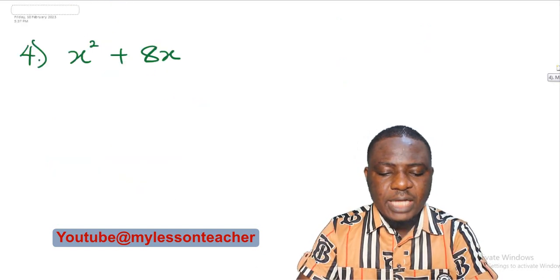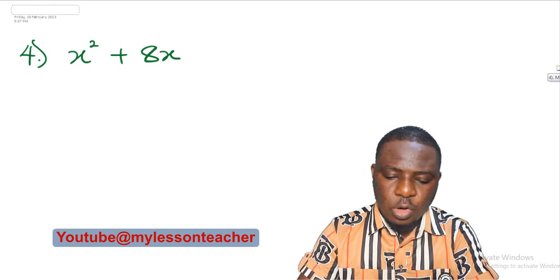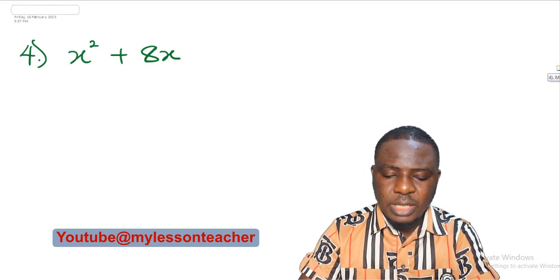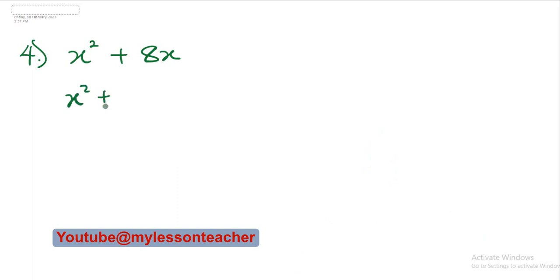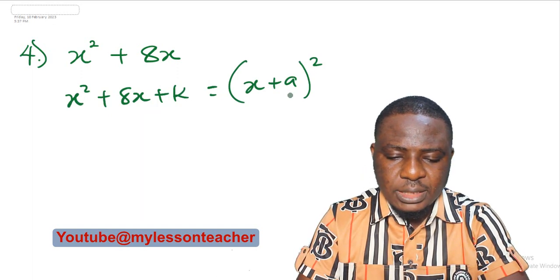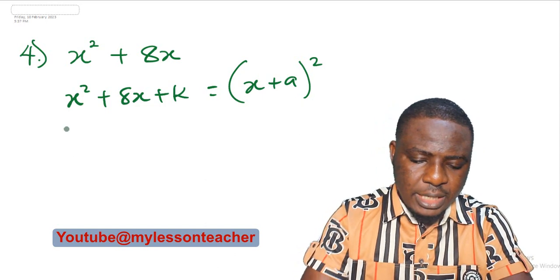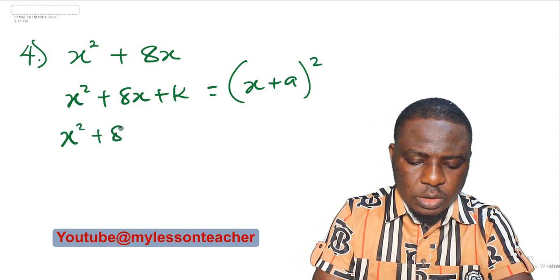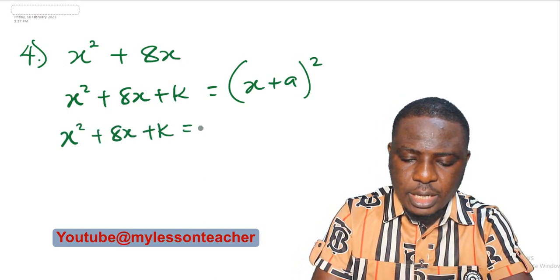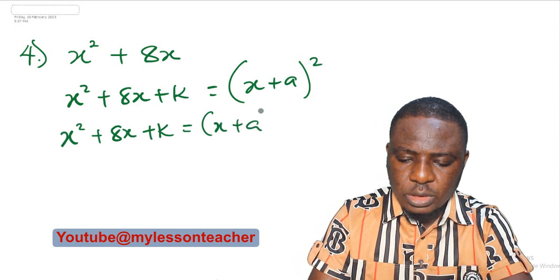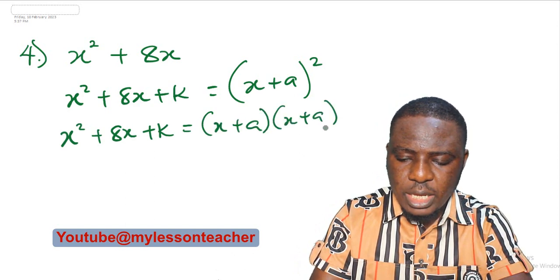Question 4, x squared plus 8x. So you are going to use method 2. So we said let the third term be k. This now becomes x squared plus 8x plus k to be equal to x plus a all squared, where a is a constant term. So if a is a constant term, we expand what we have on the right hand side. This becomes x squared plus 8x plus k to be equal to x plus a times x plus a.